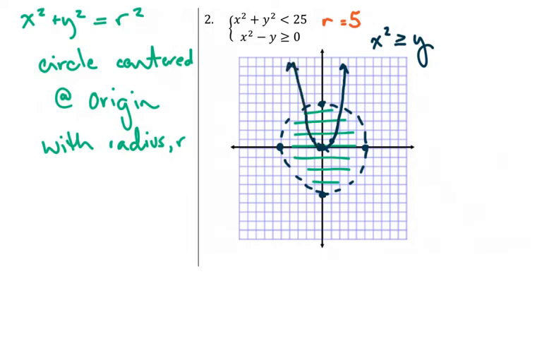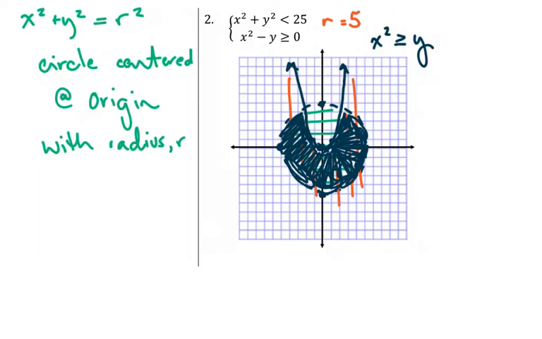Here, because it is a closed boundary, and then the y is smaller, so that means that we're shading below this parabola, like so. And so then the overlap is the inside of the circle and under the parabola, which is this kind of odd moon-esque shape here, where the two sections are overlapping.